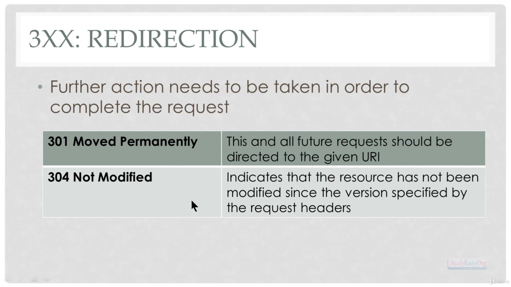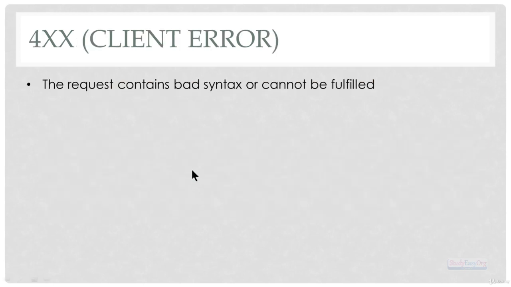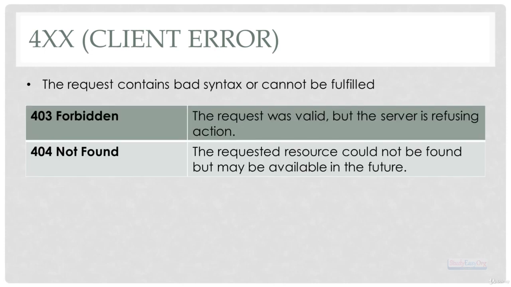Now let us check the client error codes. Client error codes usually deal with the data format, and let us check a couple of the most popular ones. First one is 403 Forbidden. This means that the request was valid but the server has refused the action.